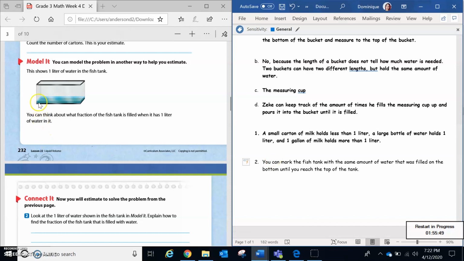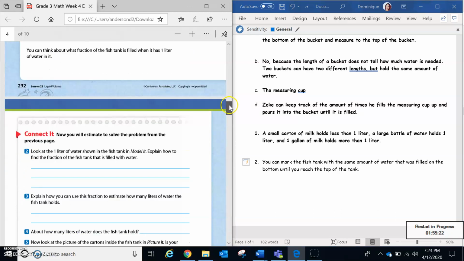So again, what I mean by that is, if I was to mark here and then estimate, okay, it's about this much, so maybe I come about here, okay, that's 2, and then maybe a little more, 3, 4, 5, 6, 7, 8, and then I know there'd be 8 equal pieces, or 8 equal parts. So if there's 8 equal parts, then that means 1/8 is filled in at the bottom.